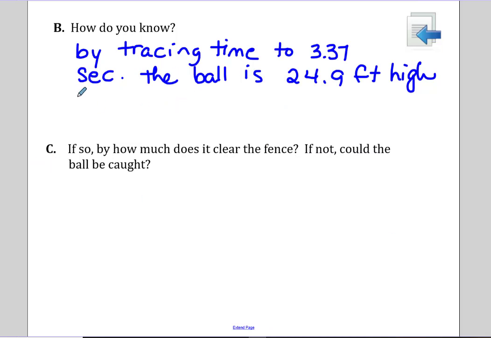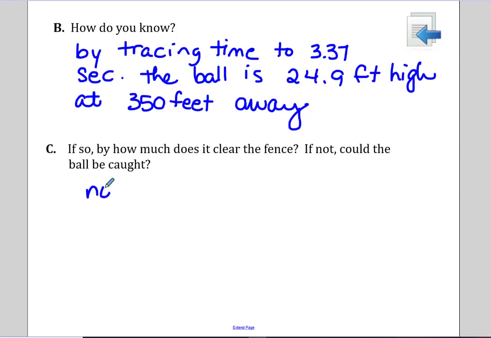Is the ball 24.5 feet high at 350 feet away? If so, by how much does it clear the fence? If not, could the ball be caught? Well, we know it's not catchable since it's higher than a person can jump.